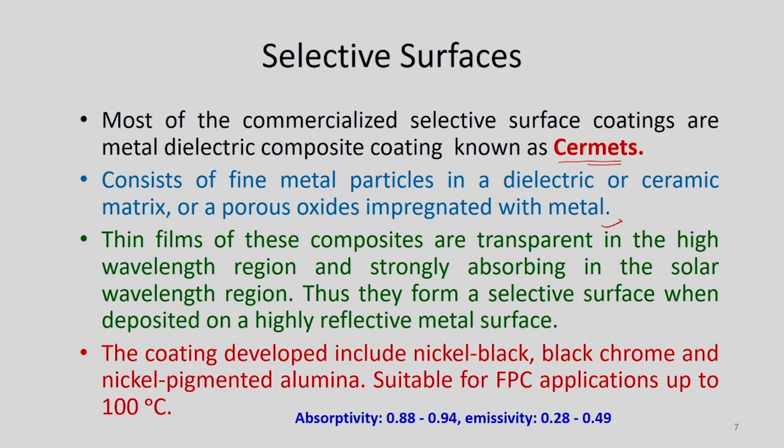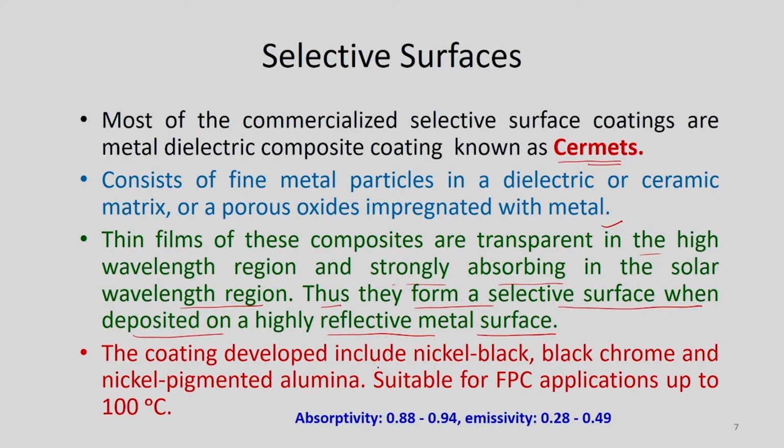These thin films of composites are transparent in the high wavelength region and strongly absorbing in the solar wavelength region, which is very, very important. Thus, they form a selective surface when deposited on a highly reflective metal surface.